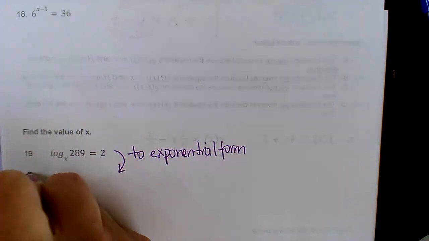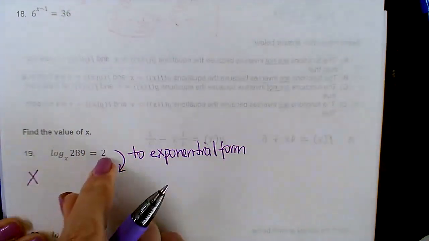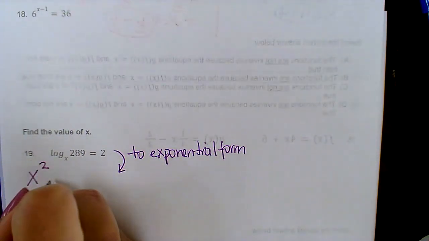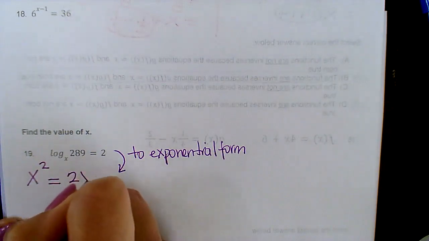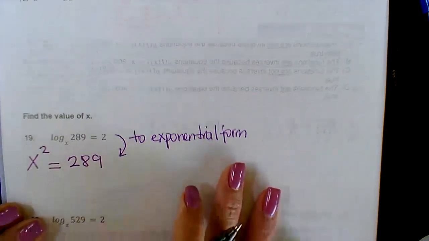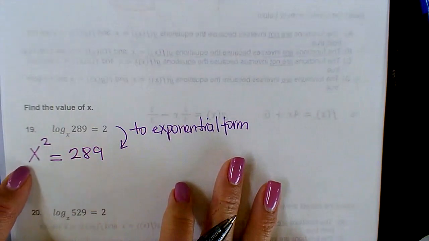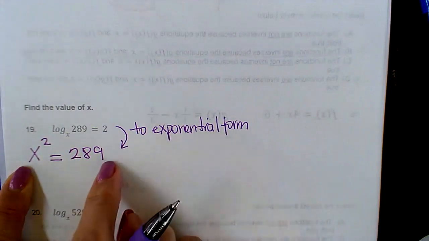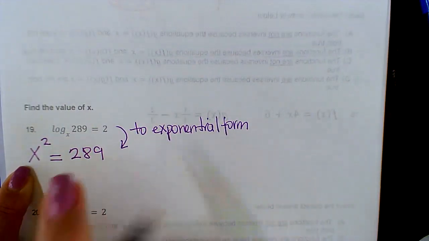Where the base is the base here. The answer was the exponent equal to 289. What do I do now? I applied the square root property.